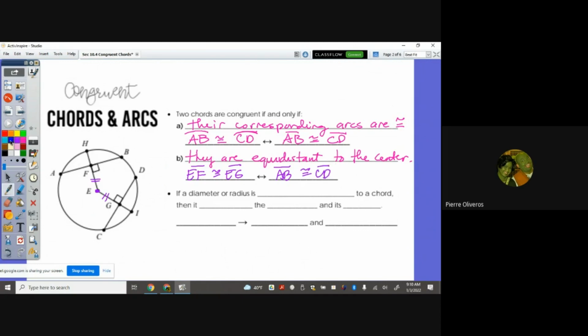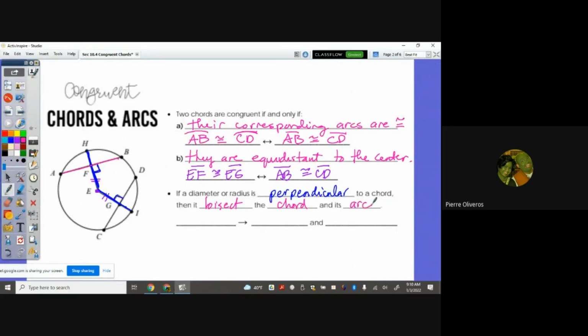And the last idea here: if a diameter or a radius is perpendicular to a chord, so this one here makes a 90-degree angle there, same thing with this, then it cuts this into equal parts, so it bisects the chord and its arc.